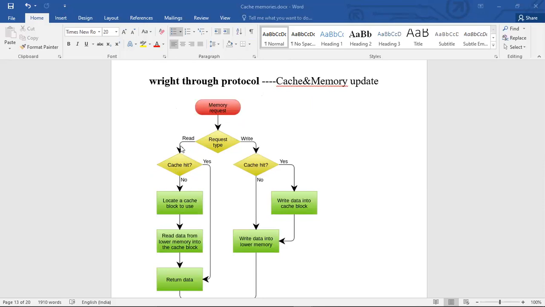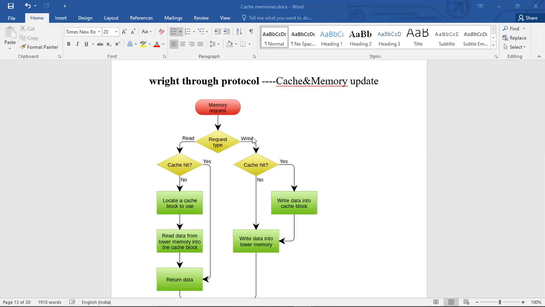If it is a read request, is the cache a hit, yes or no, meaning does the cache have the data? If yes, the data is returned directly to the user. If the cache doesn't have the data, it locates the block, reads that block from memory, and returns it to the user.